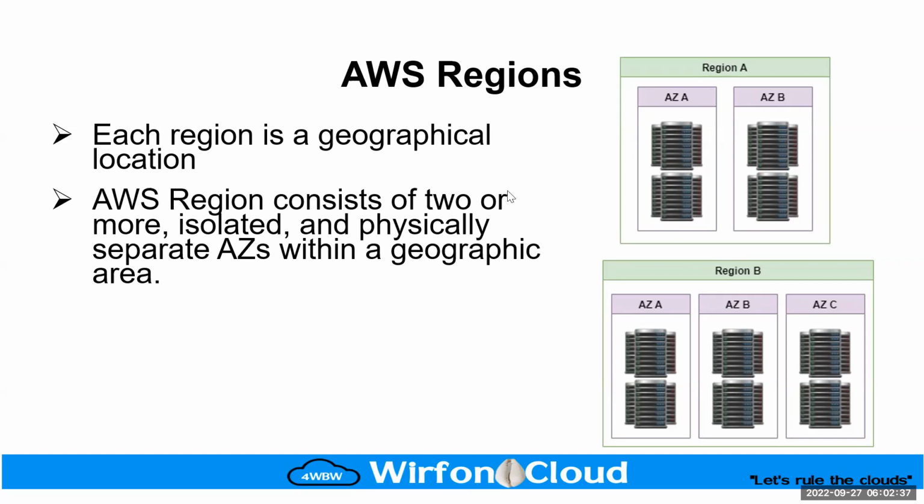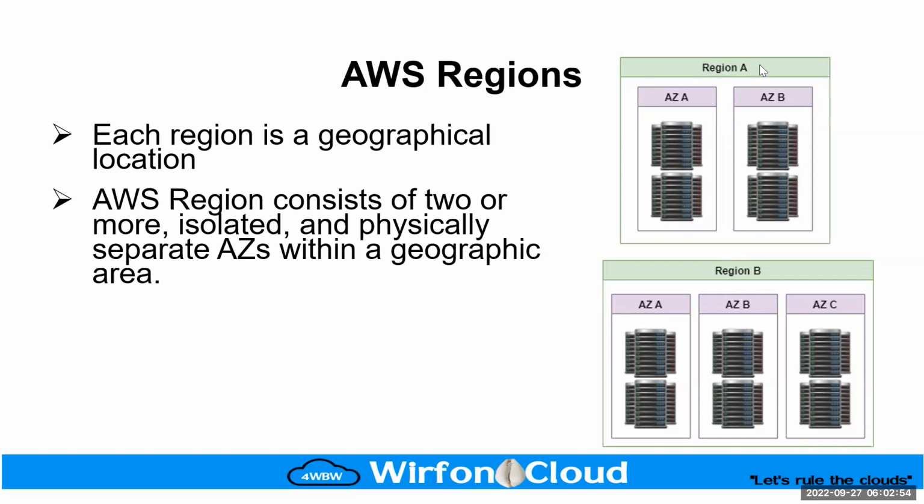So it's very important to know: two or more. An AWS region consists of two or more AZs. An availability zone, or AZ, consists of one or more data centers.